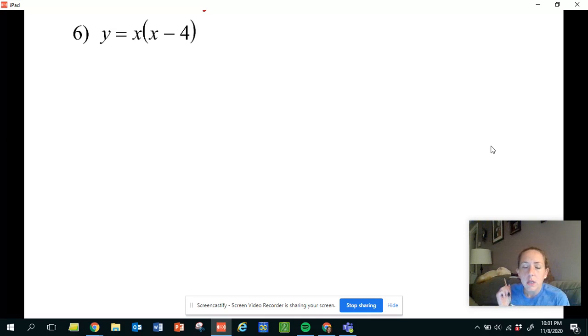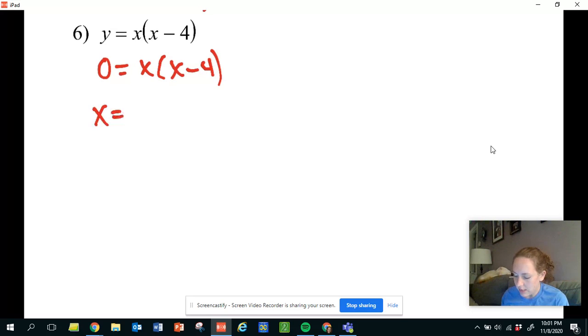Okay, so last one. This one looks different, but it's still factored form, and I still do the same thing, right? So for my x-intercepts, I set the equation, I make y 0, and I will set each factor equal to 0.